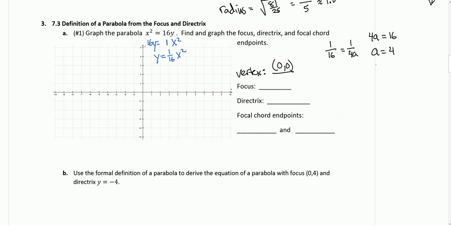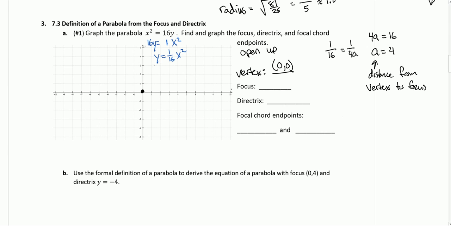A is the distance from the vertex to the focus. And that's going to be helpful with our graph here. So let's graph our vertex at 0, 0. Our parabola we know is going to open up for 2 reasons.